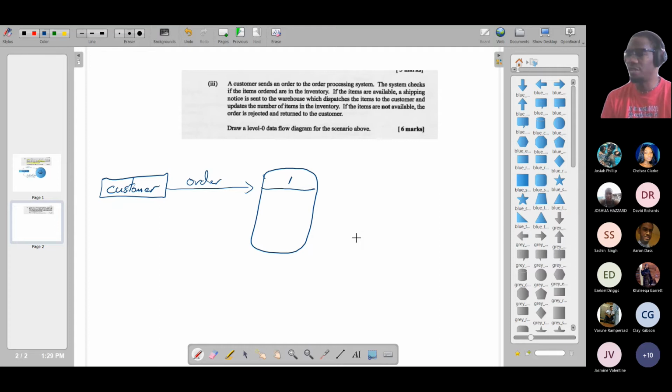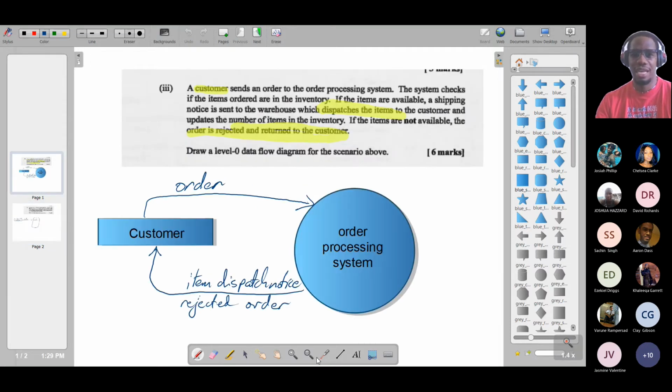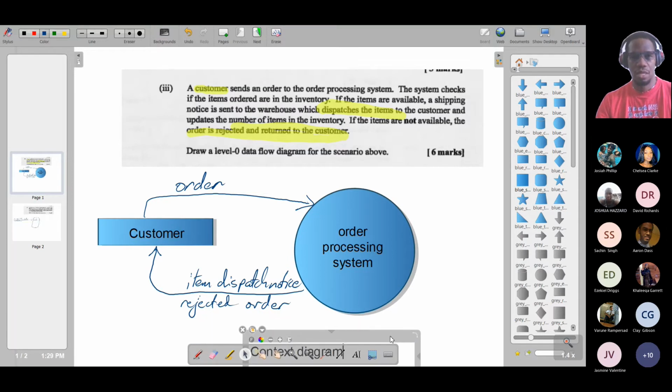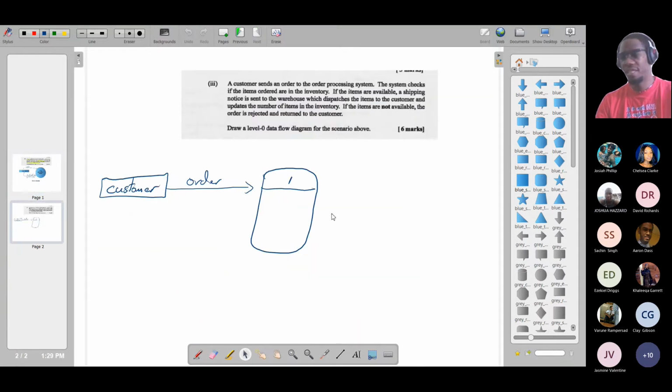Joshua, the first diagram that I drew was the context level diagram. This is the context diagram. Okay, so no problem. Okay. So this is the first level DFD, right?